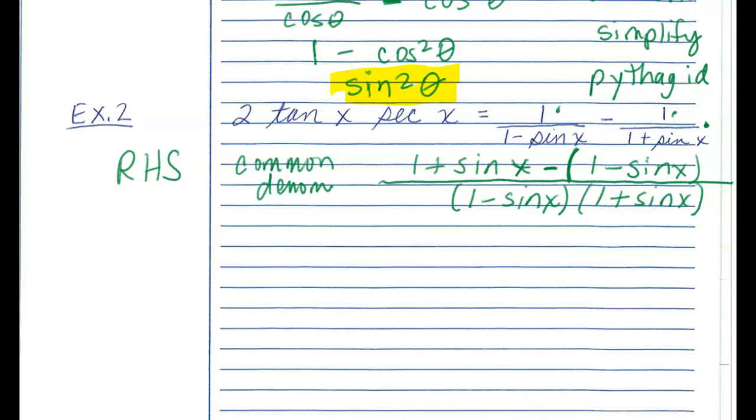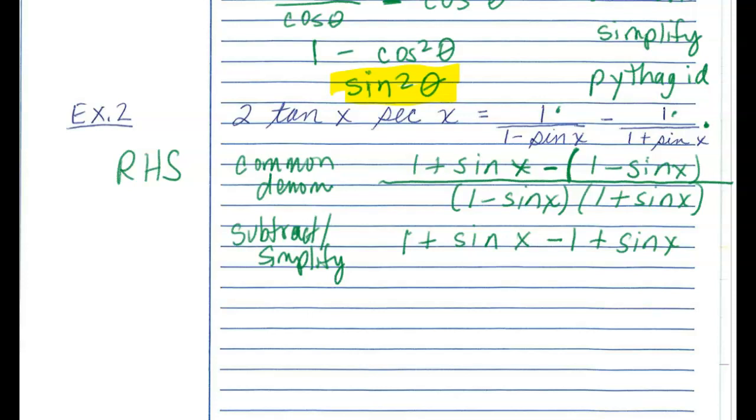Now, what do you want to call it? Simplify, subtract, whatever. You got to distribute that negative. So I still have 1 plus sine x. Now it's, oops, sine x. Sorry, sine x minus 1 plus sine x.